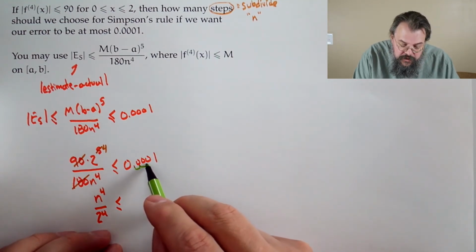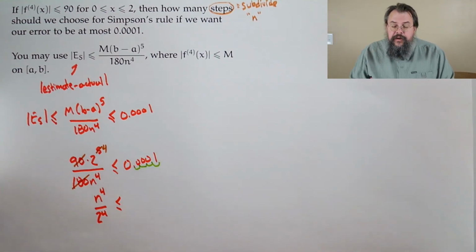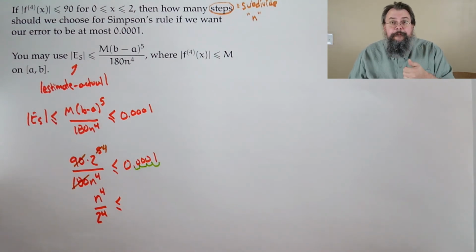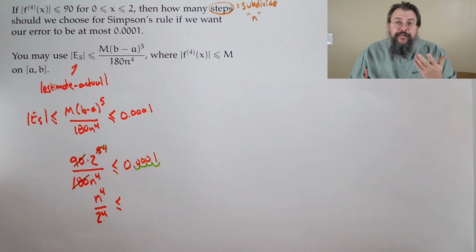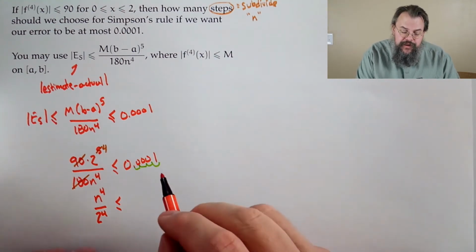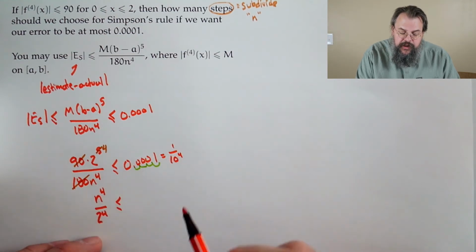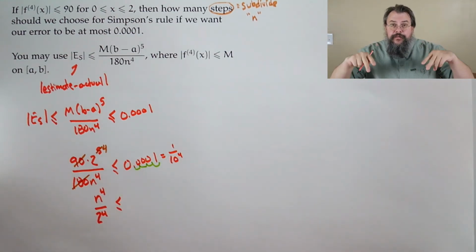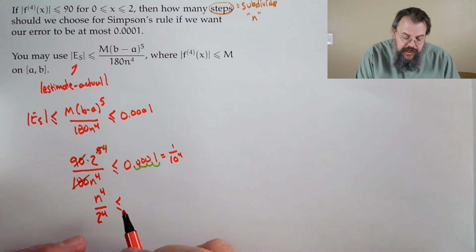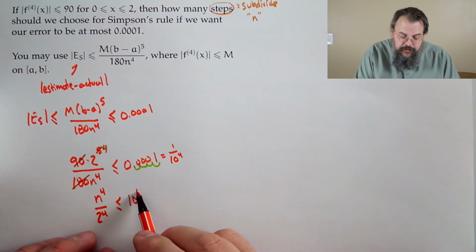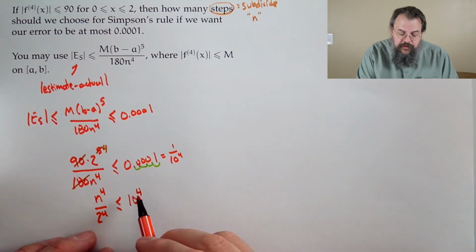Well, 1, 2, 3, 4. Every time we move the decimal place, it's like dividing by 10. So it's like we divide by 10 4 times. So I can say, hey, this is the same as 1 over 10 to the fourth. So if we flip, what do we see? Well, that's less than or equal to 10 to the fourth.